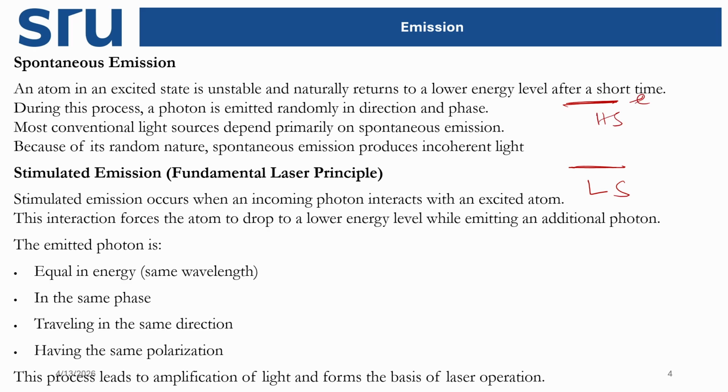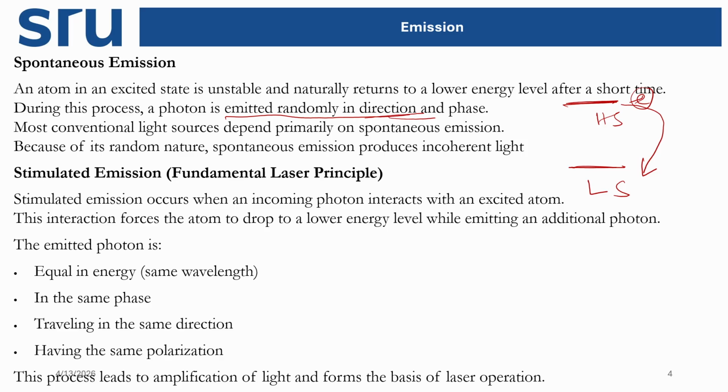If the electron comes from the higher energy state to the lower energy state randomly, it emits light in random or different directions. This is called spontaneous emission.